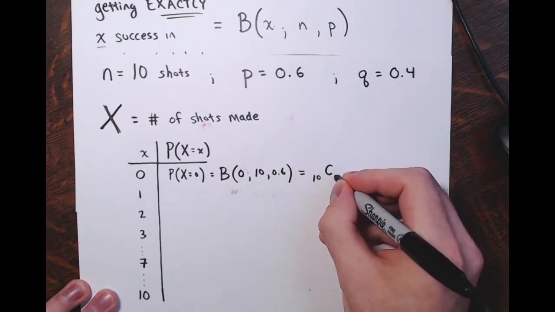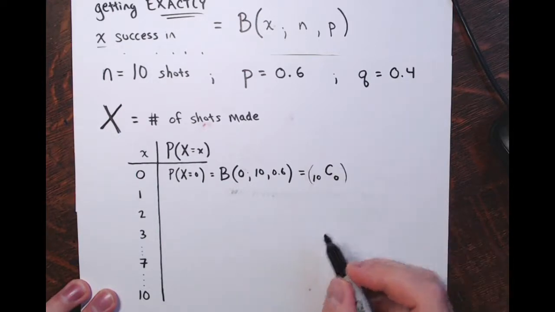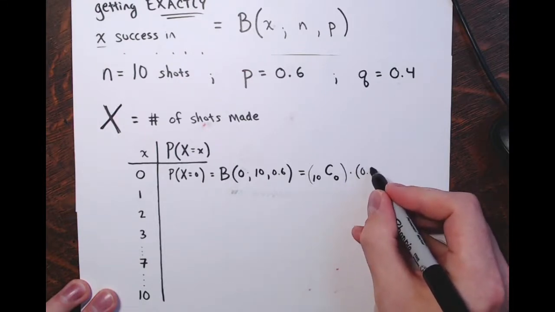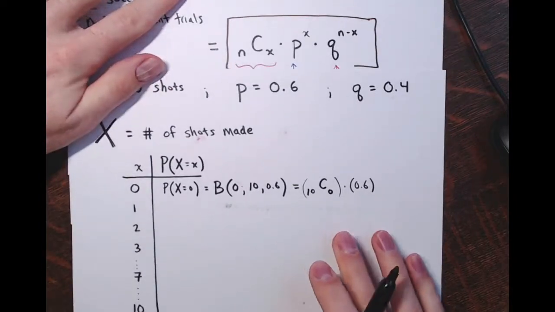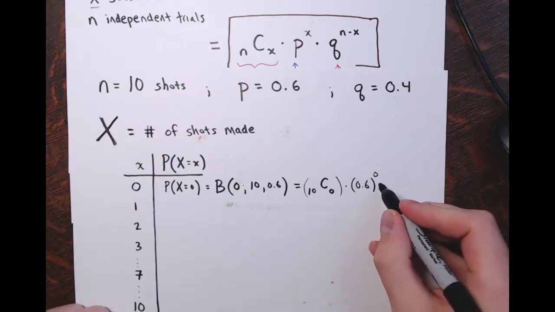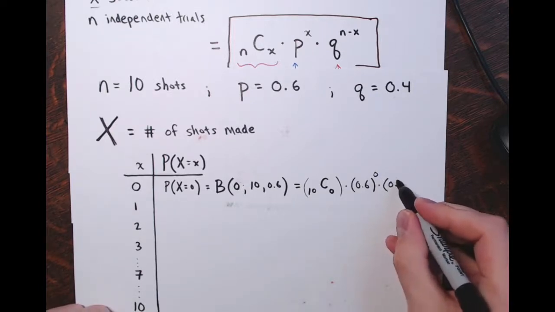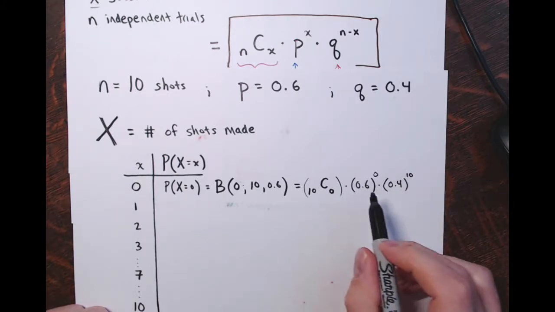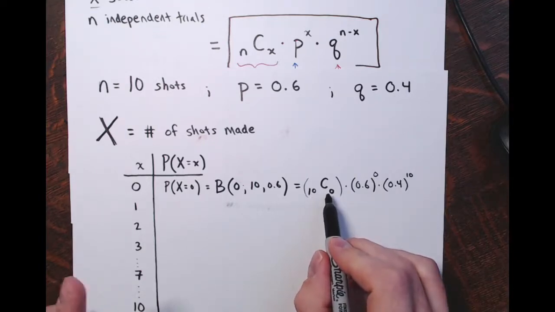I choose 0 of them to be successful, so 10 choose 0, times 0.6, p, to the 0 power, since there are 0 successes, times, and if there are 0 successes, that means there are 10 failures, 0.4 to the 10th. 10 choose 0 is 1.